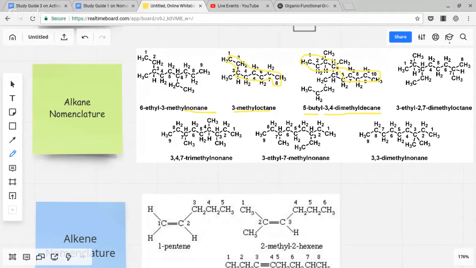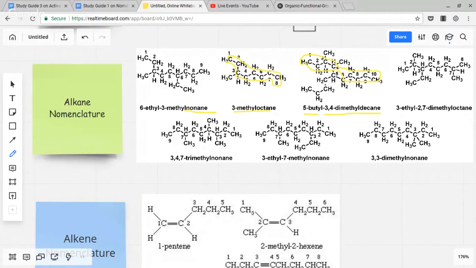For example, if you have 1 carbon, it means meth, so methyl. 2 carbons is ethyl. 3 meaning propyl. 4 means butyl. 5 is pentyl, and so on and so forth. So if you forgot those, please revisit your notes for those alkyl names. Okay? Thank you, Paul, for the question.